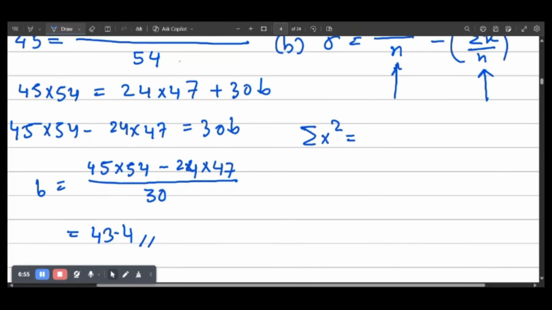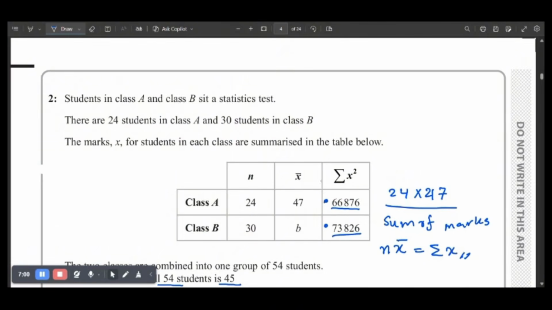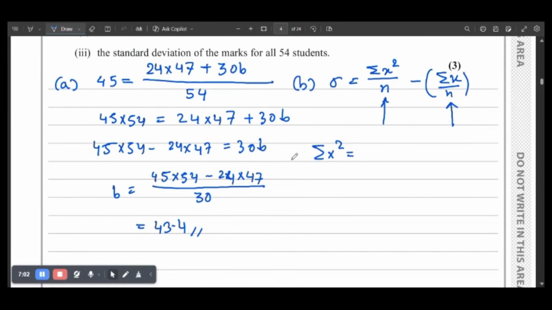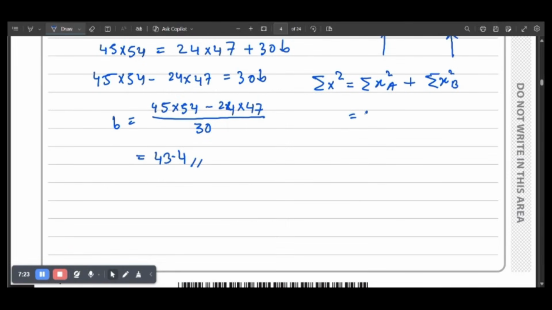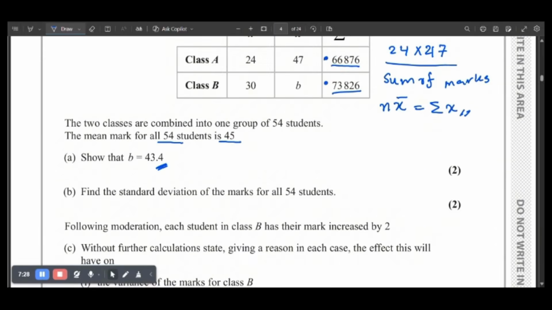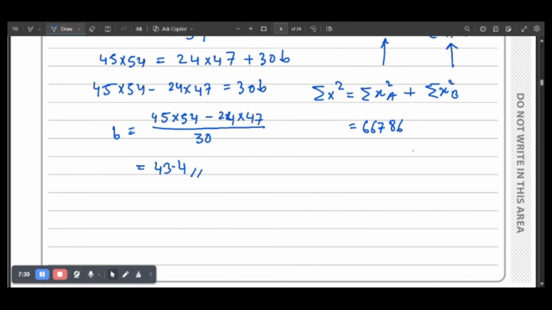So we can write, this will equal sum of x square from A and sum of x square from B, which are equal to 73826.